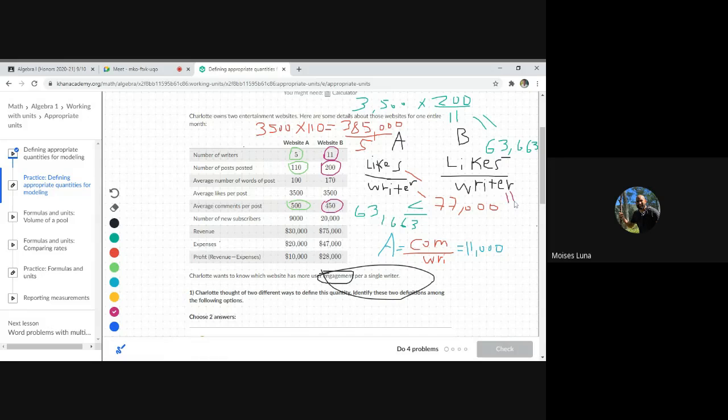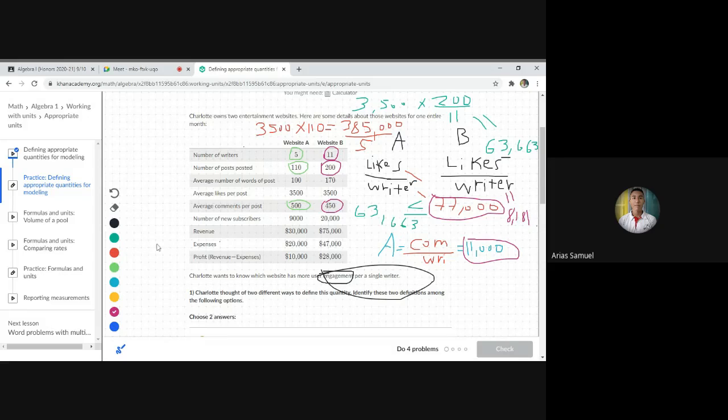Well, we can conclude that A is greater. So A is the website that is having more engagement per single writer. Right, because it's yeah. Go ahead. Sorry, someone. Go ahead. Writer, we got 77,000, as you can see. I'm highlighting here, and then right, we got 11,000 in comments per writer, but for B, we got 8,181.